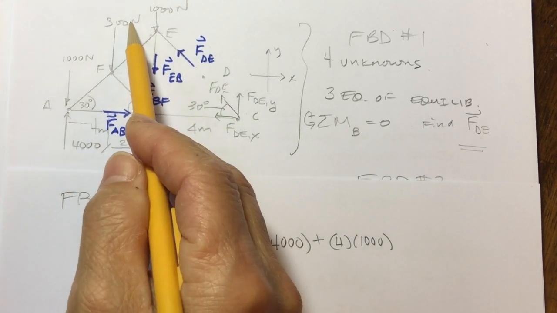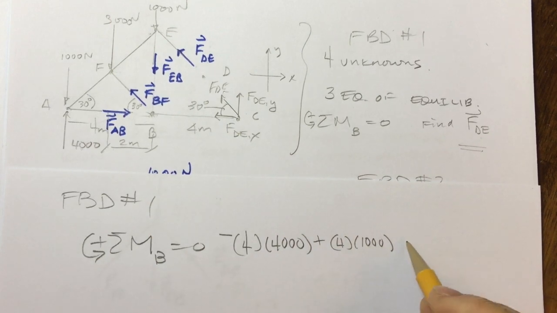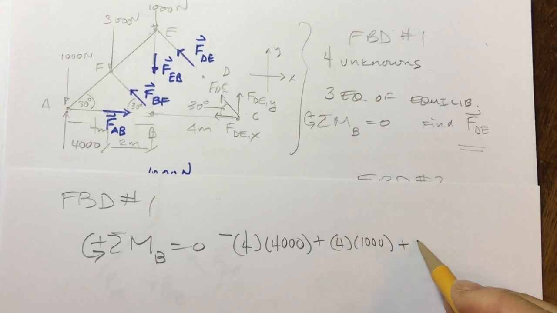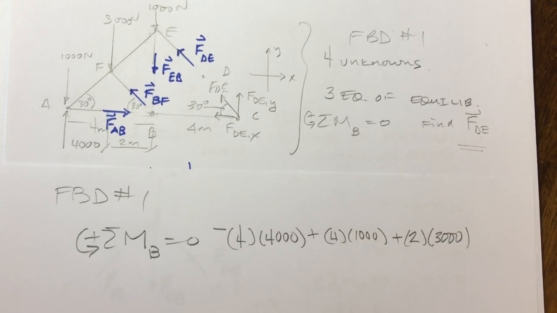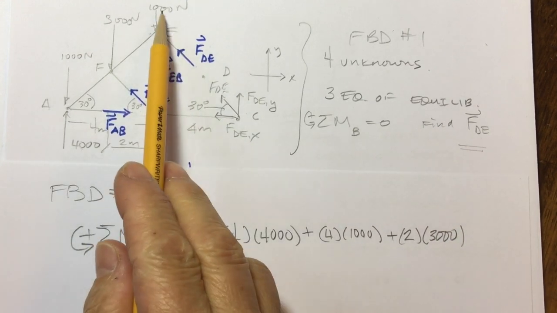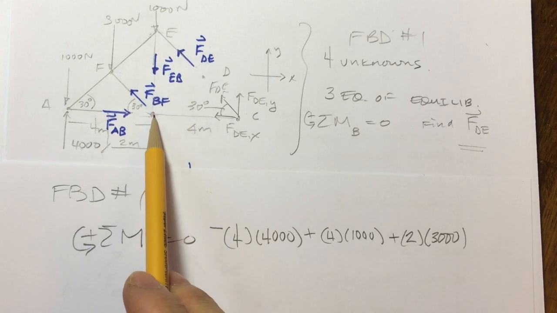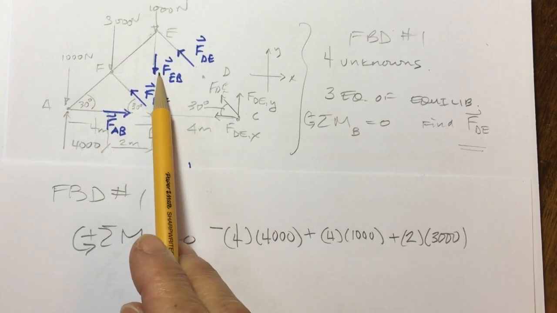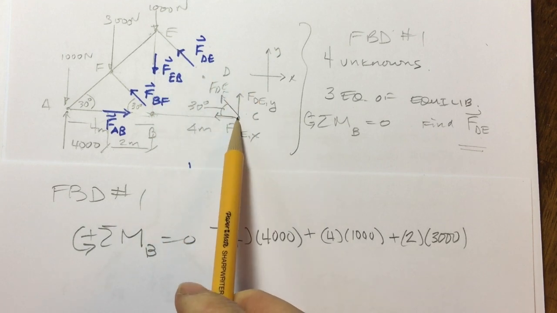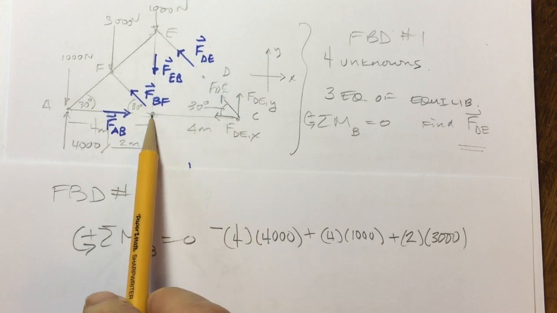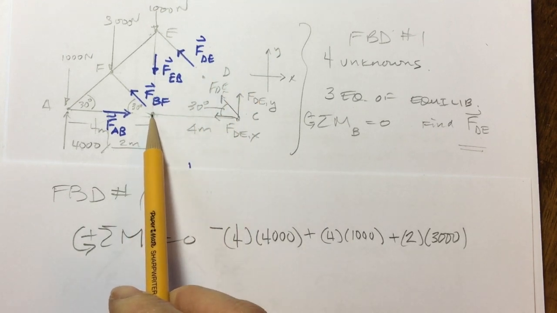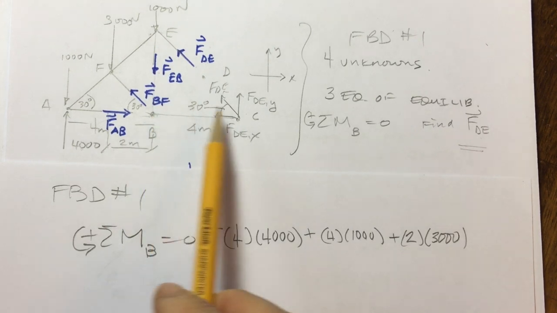This should be 3,000. That would give me a positive moment of 2 times 3,000. This force is in line with point B, therefore no moment is generated. Same goes for this force. FDEX is in line with point B, therefore no moment due to that force.